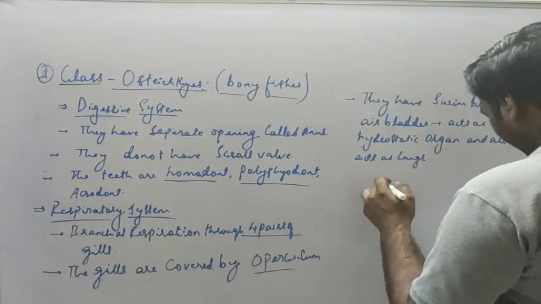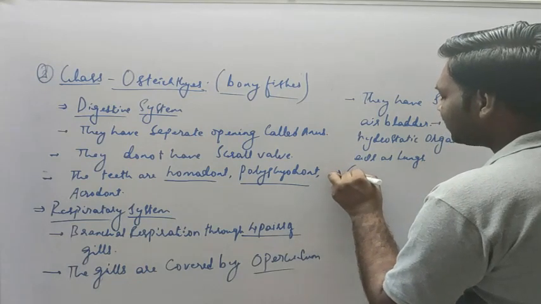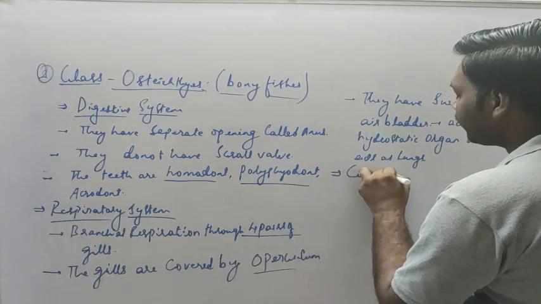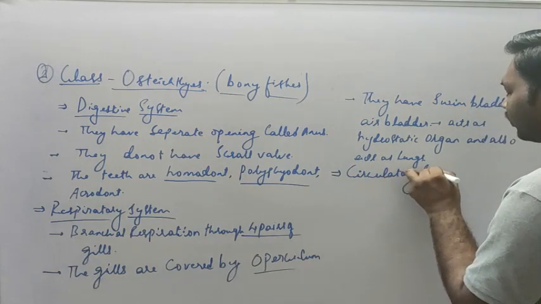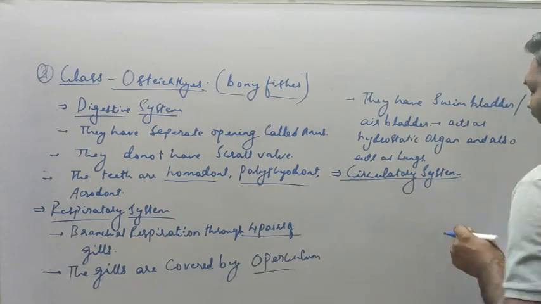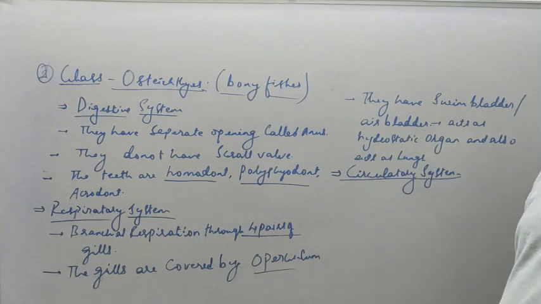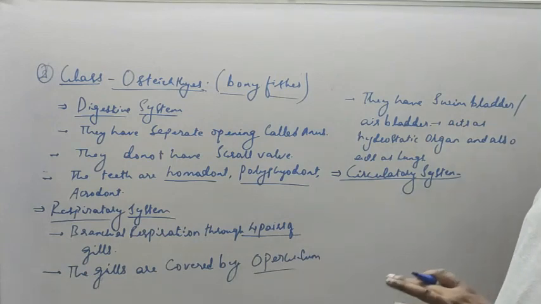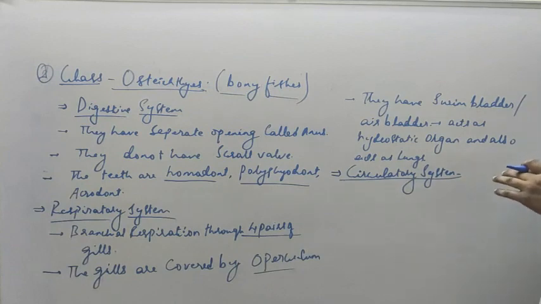Next, we'll move to another system, that is the circulatory system. Generally the circulatory system is similar to the cartilaginous fishes, as they are coming under the superclass Pisces.